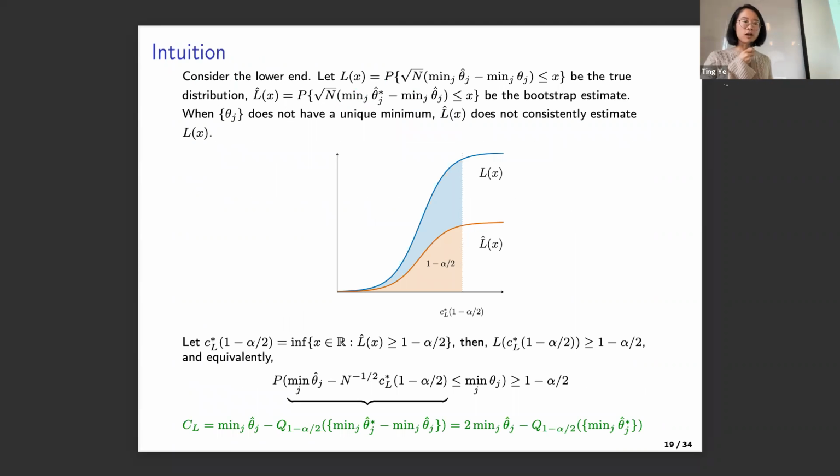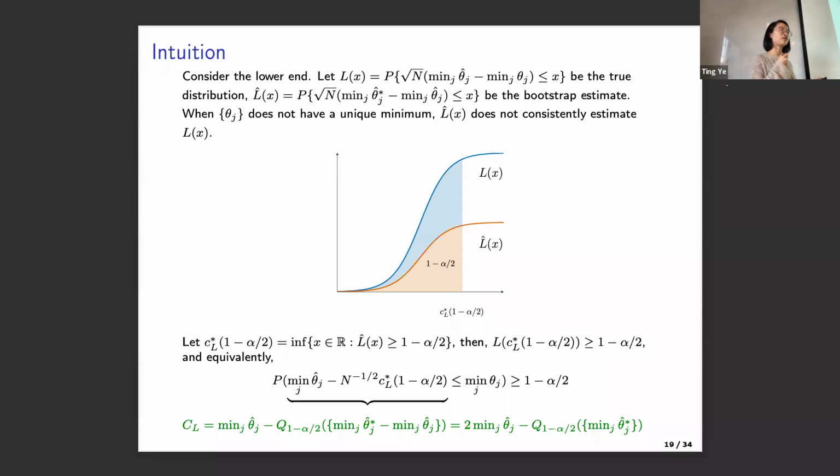Here is a slide that demonstrates the intuition of the bootstrap approach that we propose. Let's consider the lower end as an example. We use LX to denote the true distribution of root n times the minimum of theta j hat minus the minimum of theta j, and L hat x is the bootstrap estimate of LX. When the theta j's do not have a unique minimum, then L hat does not consistently estimate LX.